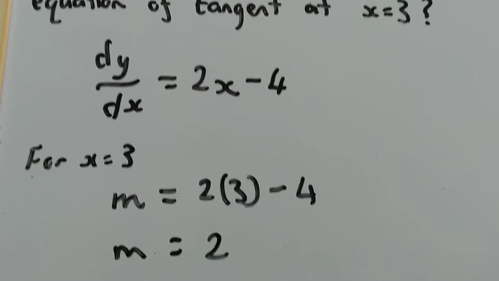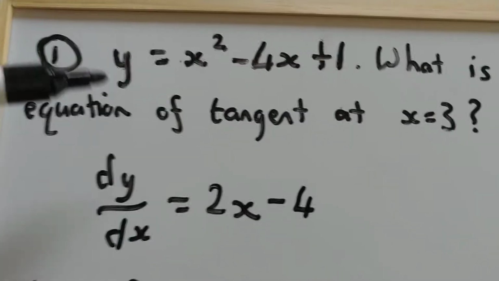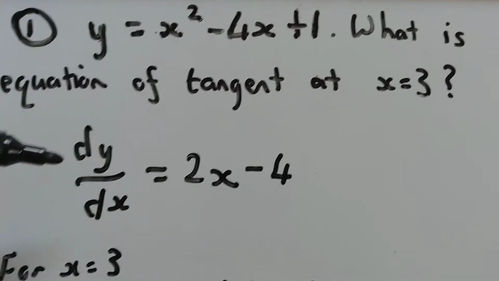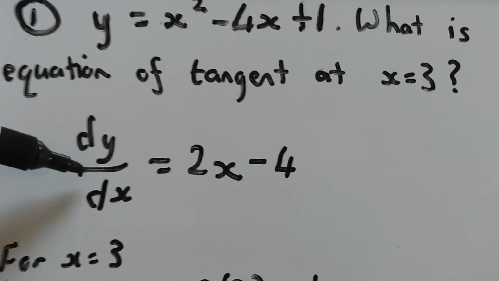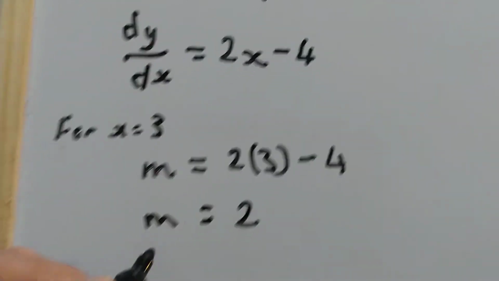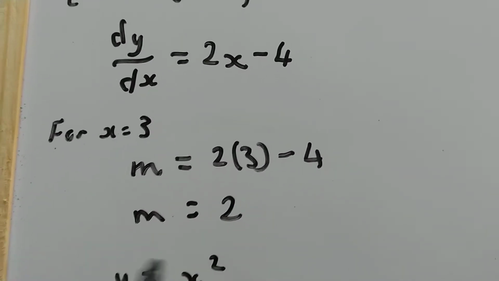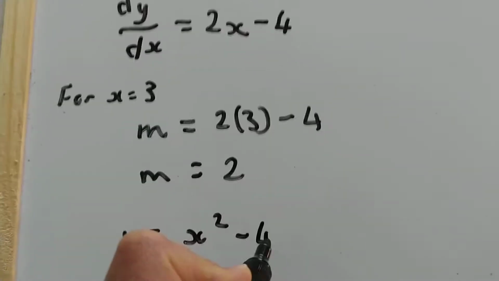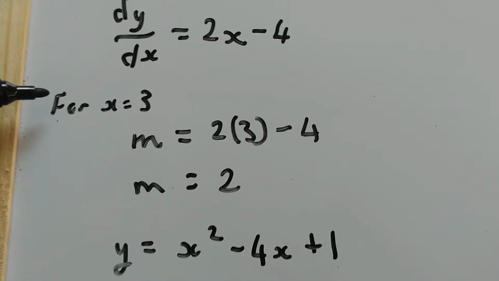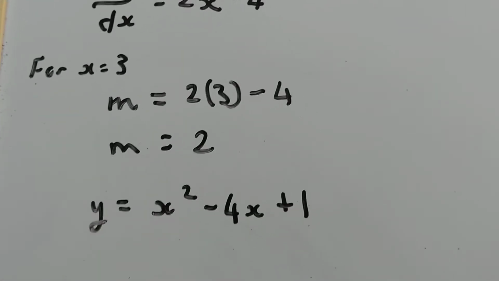Two things I need. Gradient and a point on the line. We said the first equation gives us points. Always remember, first equation points, second equation, my derivative, tells me gradients. So for y equals x squared minus 4x plus 1, I'm still saying this is for x equals 3, so I'm going to substitute 3 in for x.